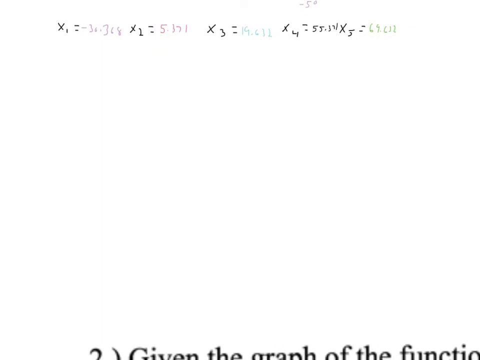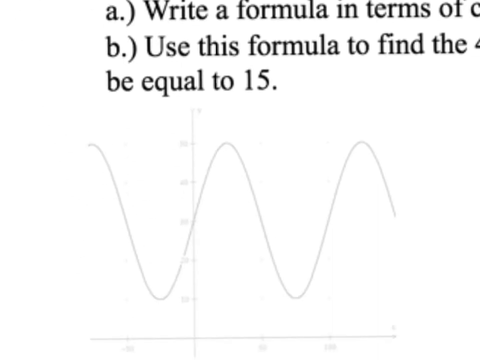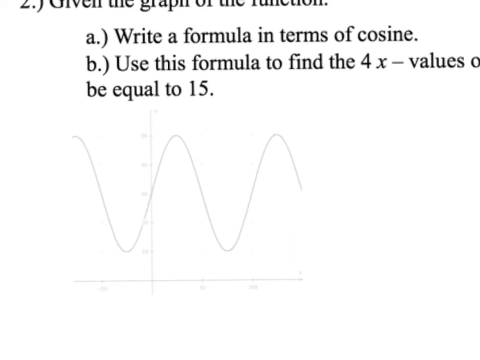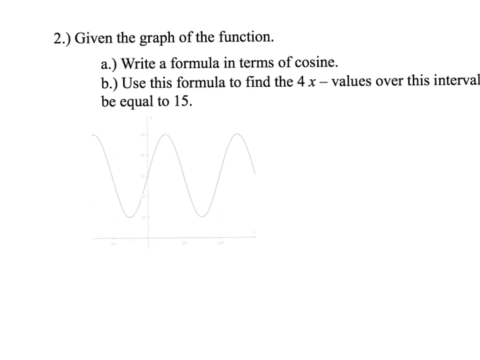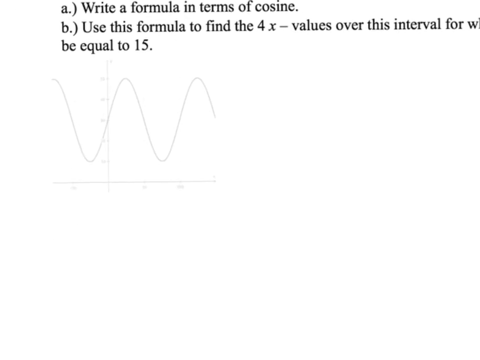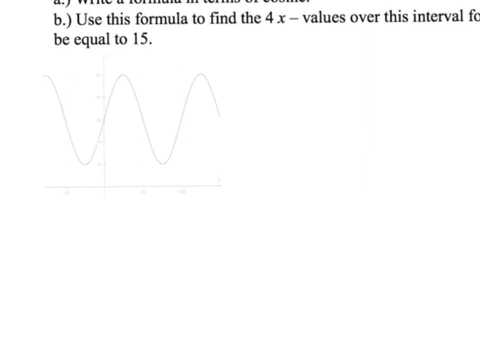Question 2 is pretty similar, where I want to write a formula in terms of cosine and then find the 4 x values for which this function will be equal to 15. So again, standard form: amplitude, cosine, frequency, horizontal shift, plus the midline.